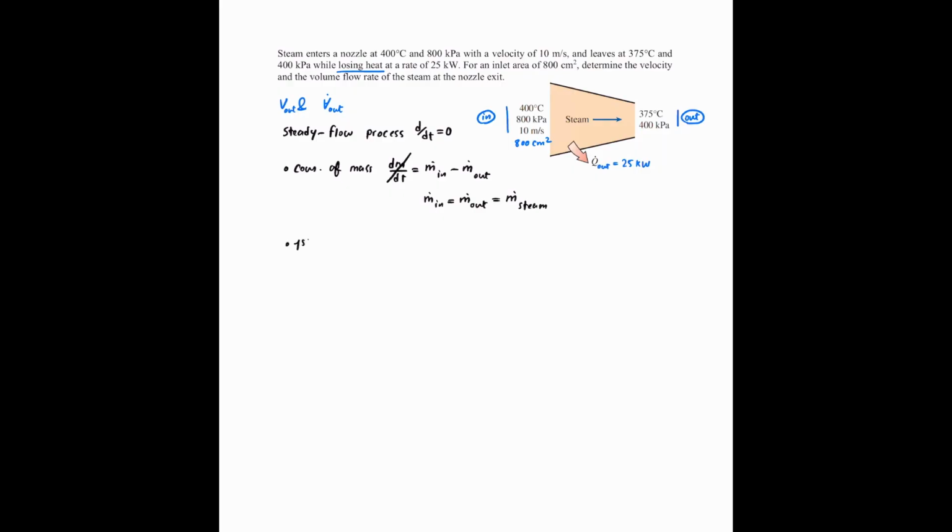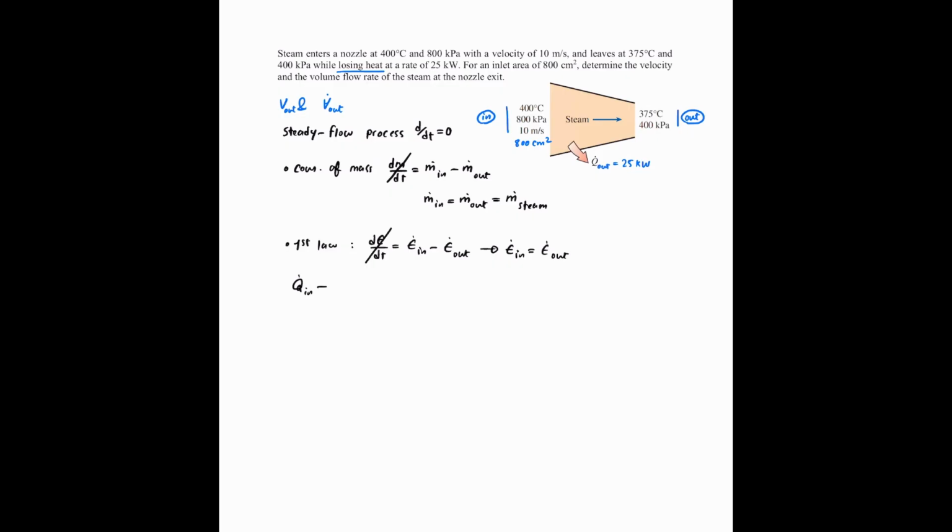Conservation of energy, or the first law of thermodynamics, says dE/dt is equal to E dot in minus E dot out. For a steady flow process, dE/dt will become 0, so E dot in will be equal to E dot out, and we know the information for E dot.